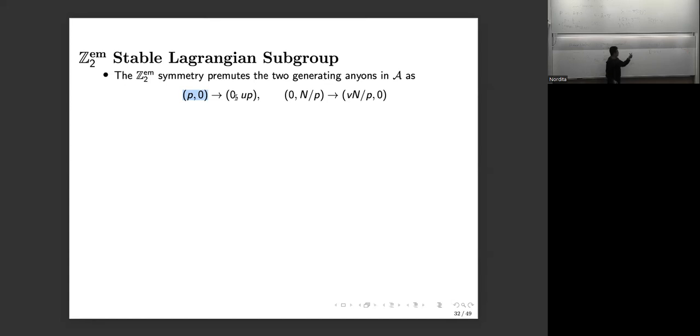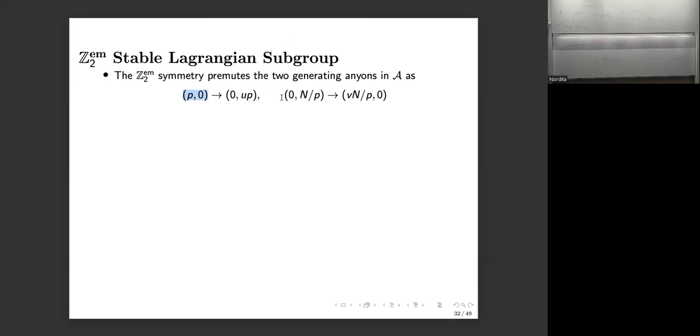And this in particular implies that this (p, 0) anyon, which can be written as e^(i 2π/n times p times B), is mapped to e^(i 2π/n times p times u times B hat), which is just the (0, u times p) anyon. So that's what I mean on the slide.